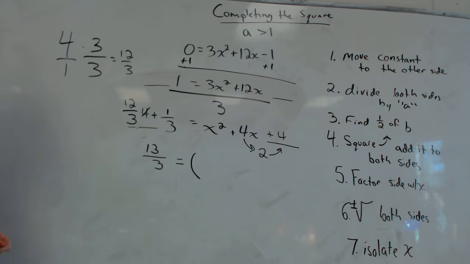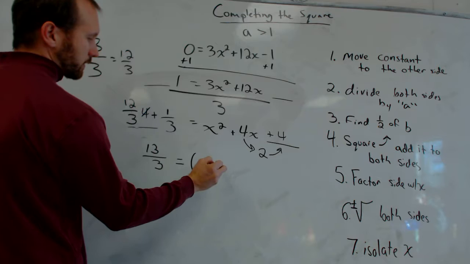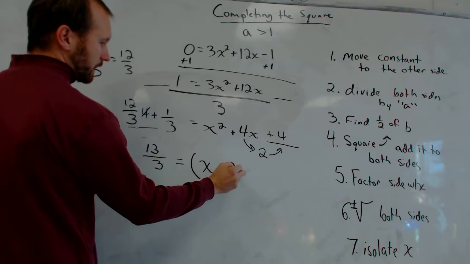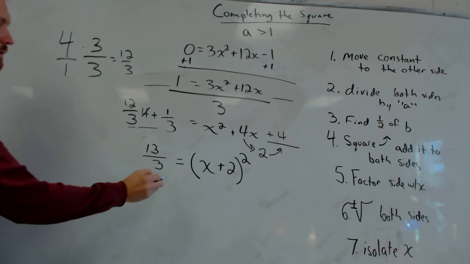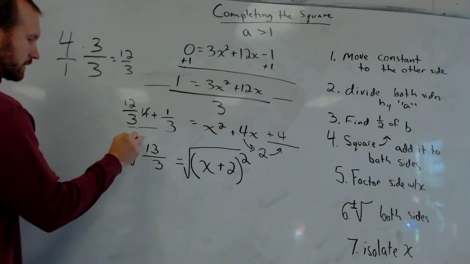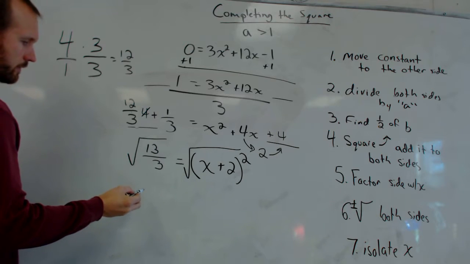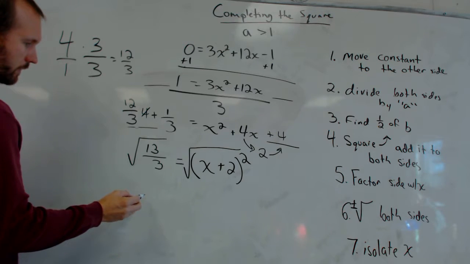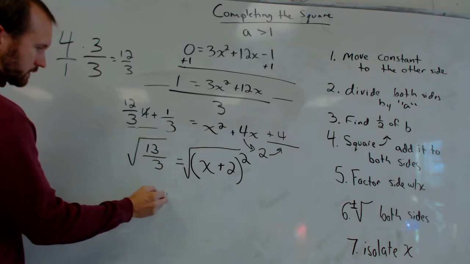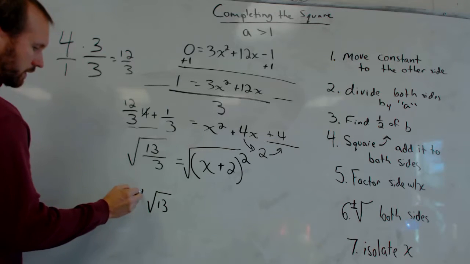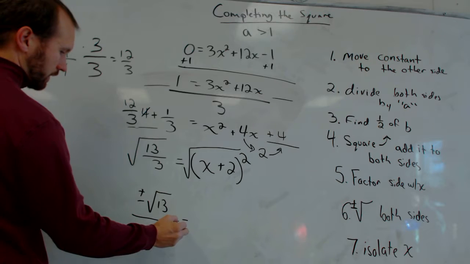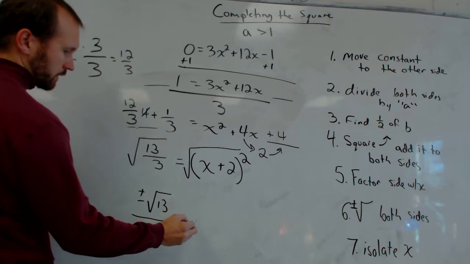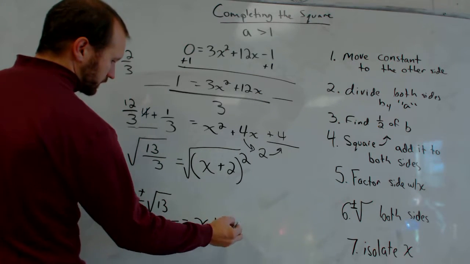Okay, and then we factor this: x plus 2 squared. And then we take the square root of both sides. So then I have, let's write it like this, the square root of 13, with my plus or minus there, over the square root of 3 equals x plus 2.